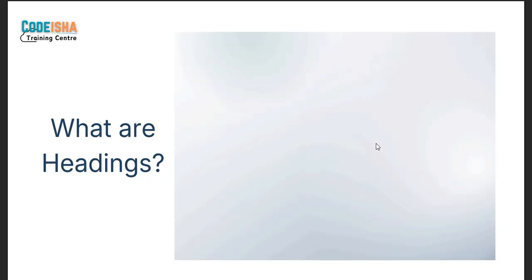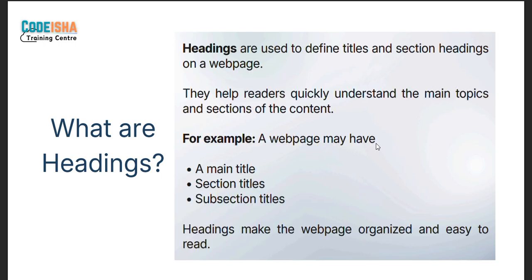So what are headings? Headings are used to define the titles and section headings on a web page, and they help readers quickly understand the main topics and sections of the content. For example, a web page may have a main title, section titles and subsection titles.